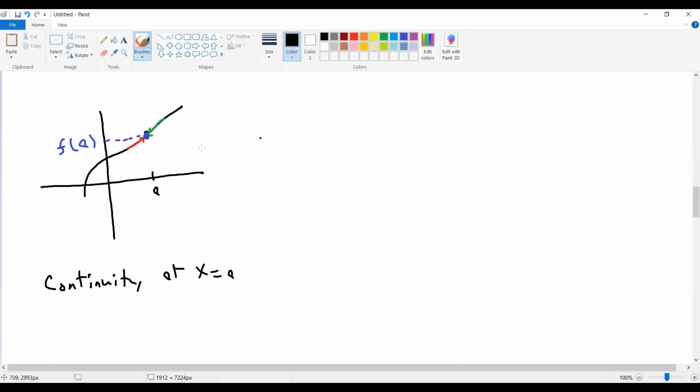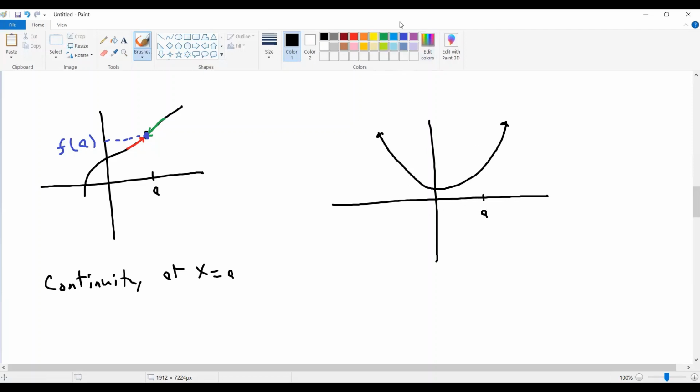Here's the difference. Continuity has to do with the actual explicit function values. Differentiability is a little different. We're looking more at the slope of a function. Let me just make a parabola here, because those are nice. Let's choose a point and call it A, and I'll mark that point right here.